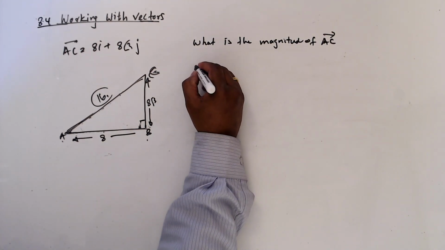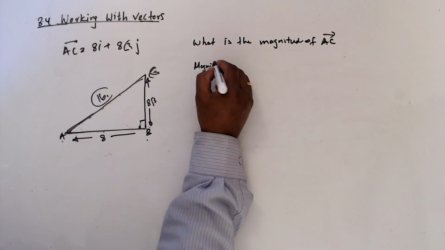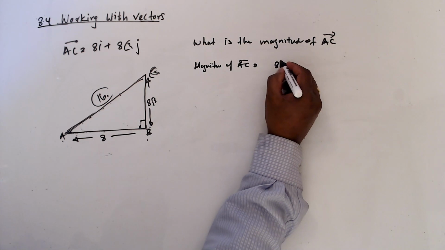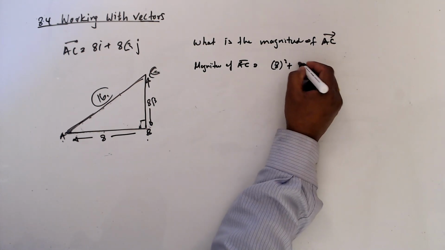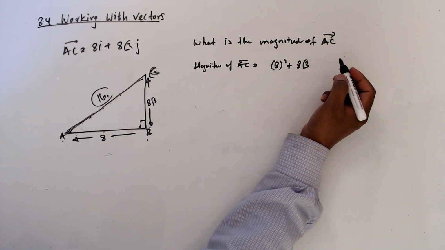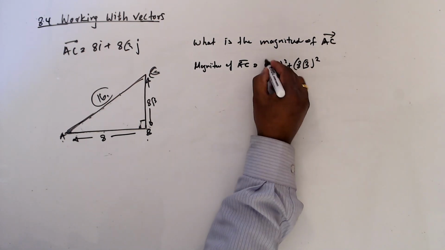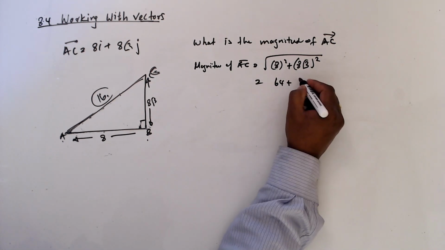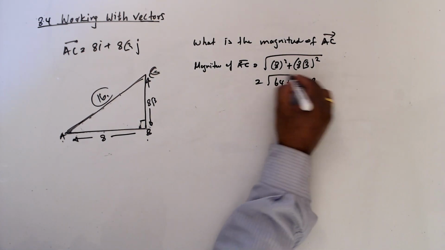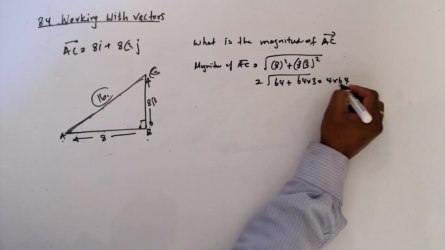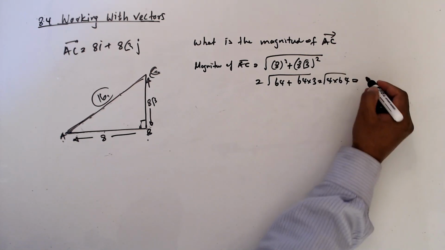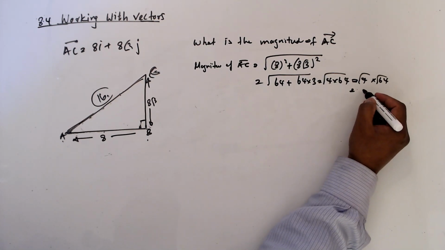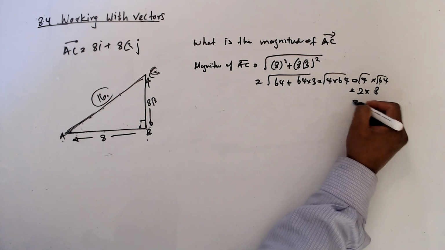So the magnitude of AC, Pythagoras: square root of 8 squared plus (8 square root 3) squared. So this is going to be 64, and this is 64 times 3. It means 4 times 64, square root, that is square root 4, which is 2, and square root 64, which is 8, so 16.